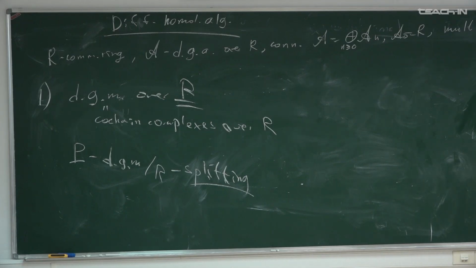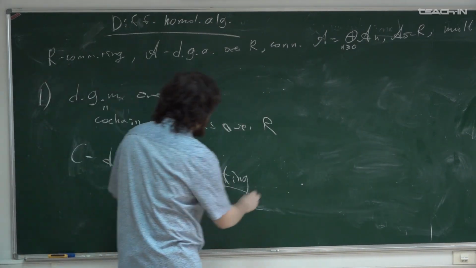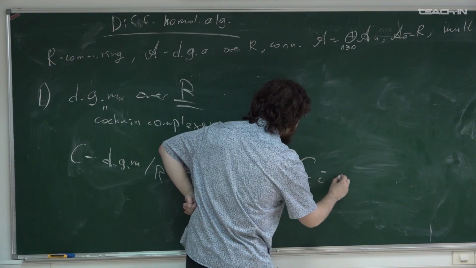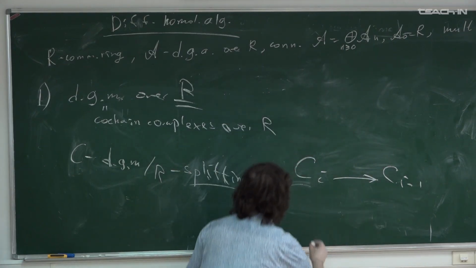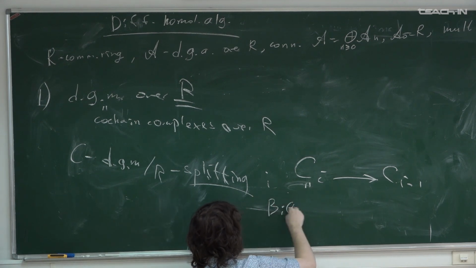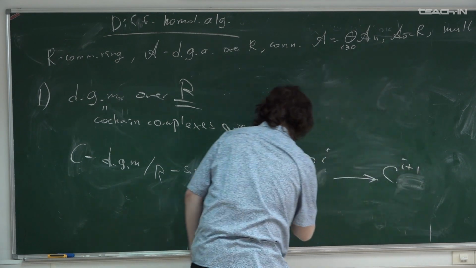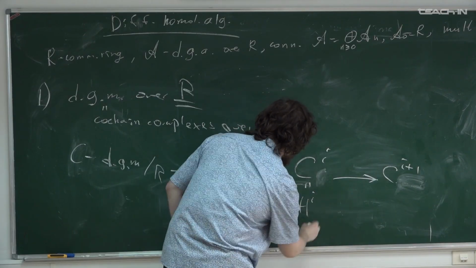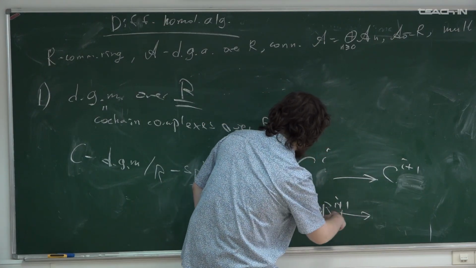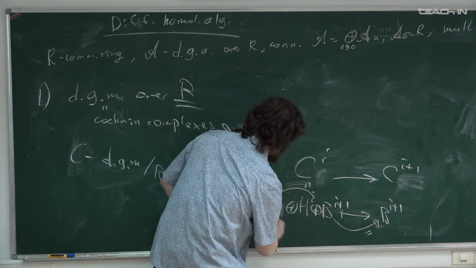Splitting means that in each degree, C^i is just a direct sum of B^i and the cohomology, and B^(i+1). The differential sends this B^(i+1) identically to B^(i+1), and the rest goes to 0.